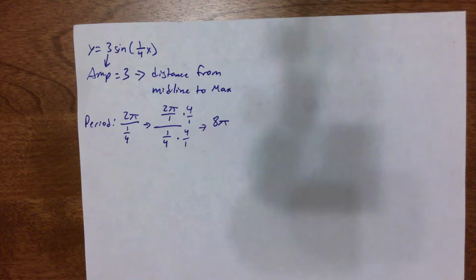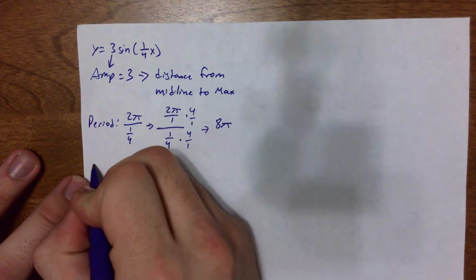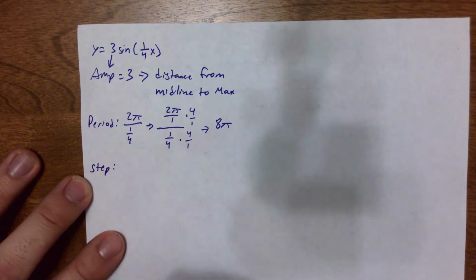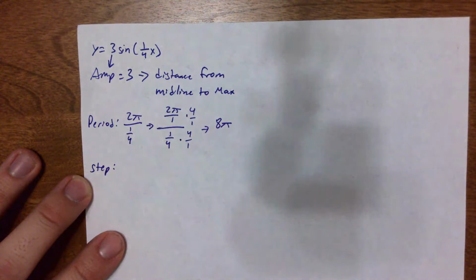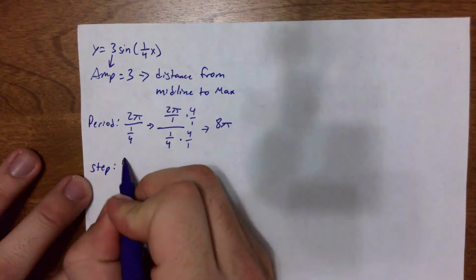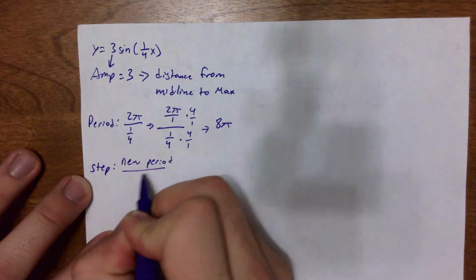Once I have my period, I'm going to do what I call my step. And the step is how far I am in between all my points. So for sine, we use 5 points to help us out, and so my step is going to be the spacing I take in between my points. So my step is always going to be the new period divided by 4.